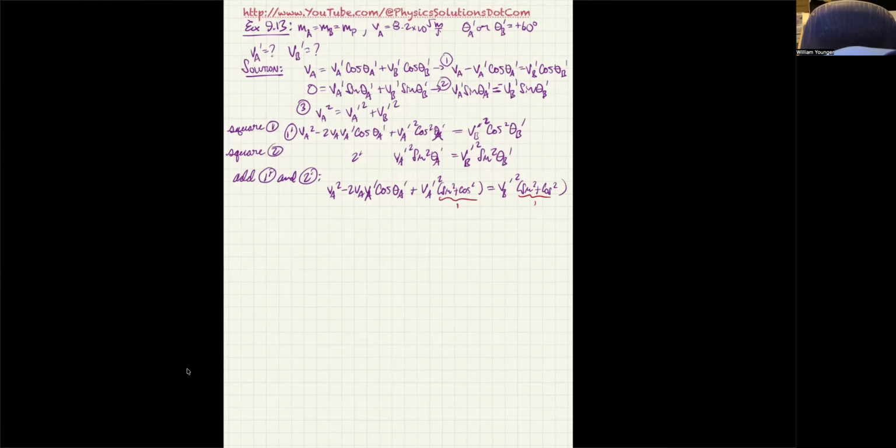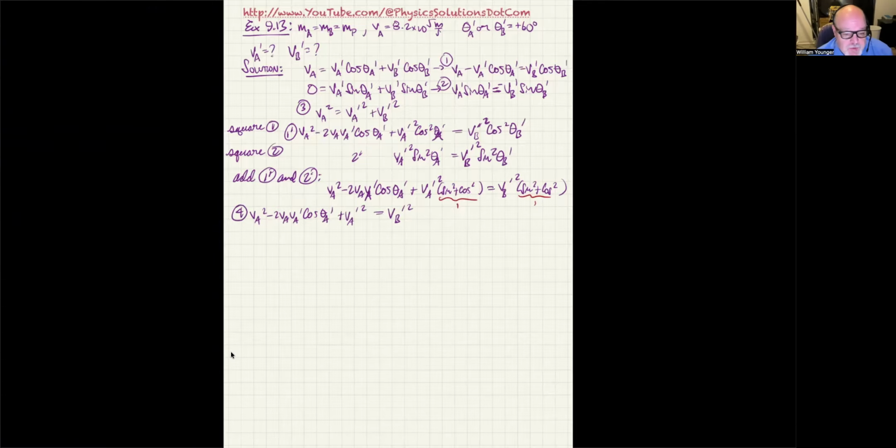So now I have a nice new expression that says va squared minus 2 va va prime cosine theta A prime plus va prime squared is equal to vb prime squared. And that's going to be equation 4.